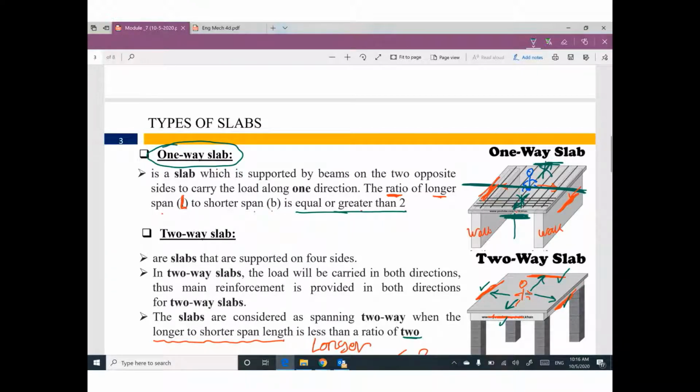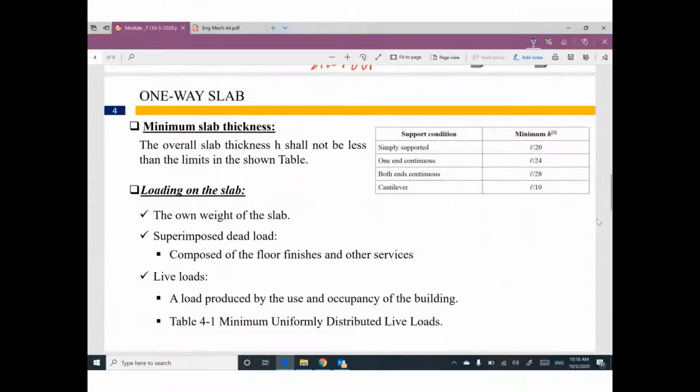Anyway, so one-way slab, we need first to understand how I can assume the thickness of the slab. Is it 4 inch, 5 inch, 6, 7, 8, 9? So what is the thickness of the slab? ACI gives you a recommendation.